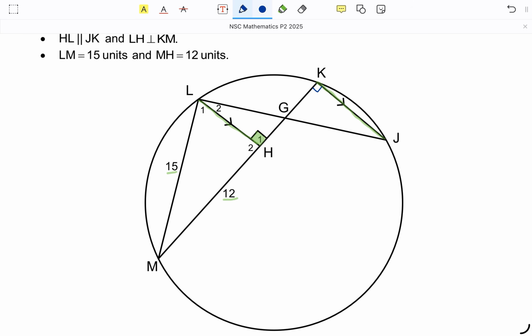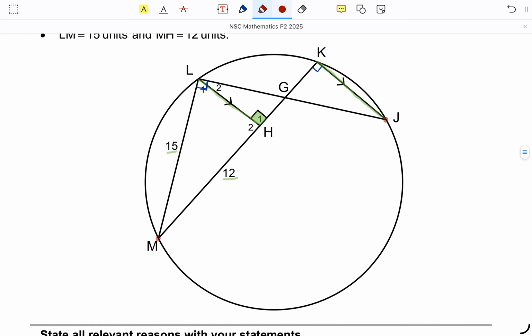So H2 and H1 would both be 90, but we can't use an applicable reason with H1 and 2 and L. The only other place where we've got a 90-degree angle is at angle K. So angle K and angle L1 and 2 would be angles in the same segment because they both originate from M and J. So this entire part around the circle from M to J, this would be our segment, and both angle L and angle K come from this segment.